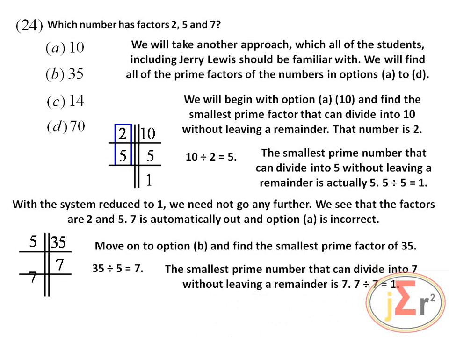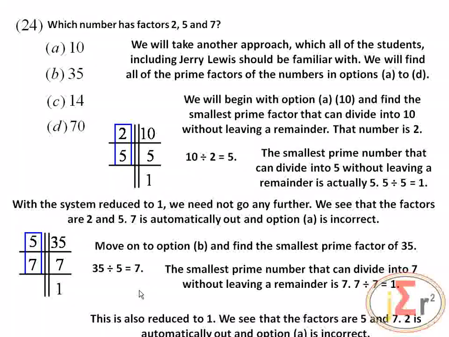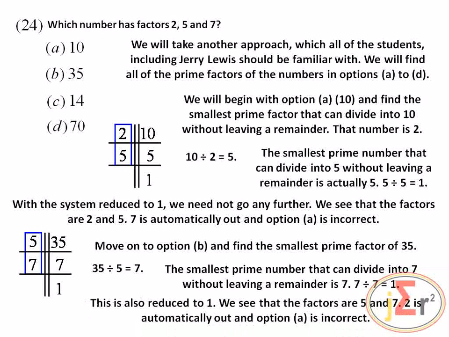So we say 7 into 7 is equal to 1. And of course, we have completed because our quotient has worked down to 1. So we have exhausted all of our prime factors. We see that the factors of 35 are 5 and 7. So option B is also incorrect because one of the factors is missing.